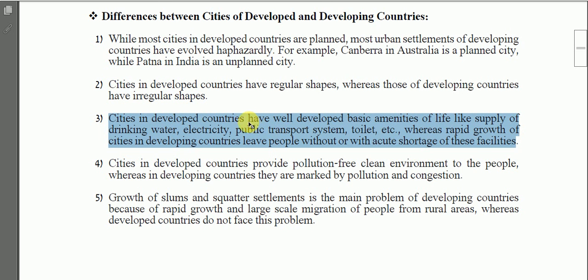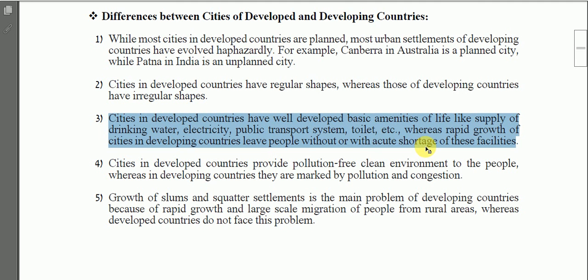Cities in developed countries have well-developed basic amenities of life, like supply of drinking water, electricity, public transport system, toilets, etc. Whereas rapid growth of cities in developing countries leaves people without or with acute shortage of these facilities.